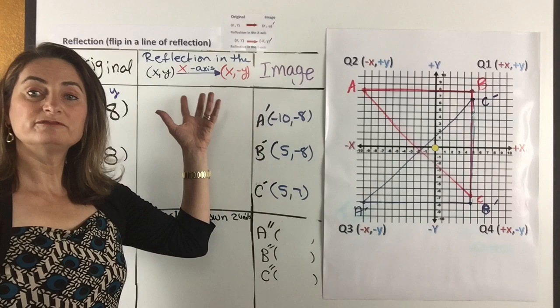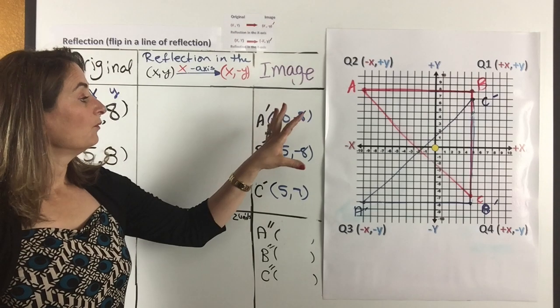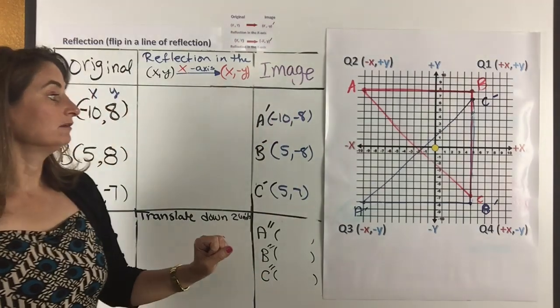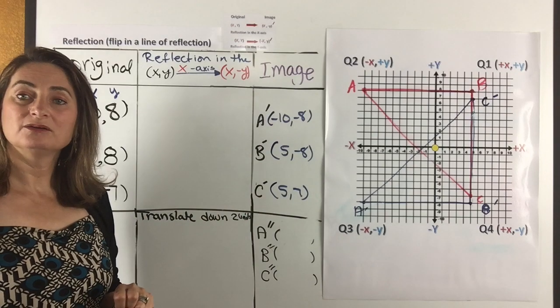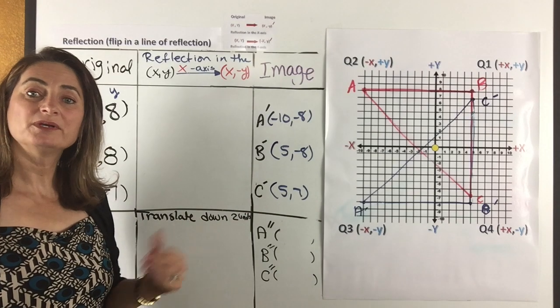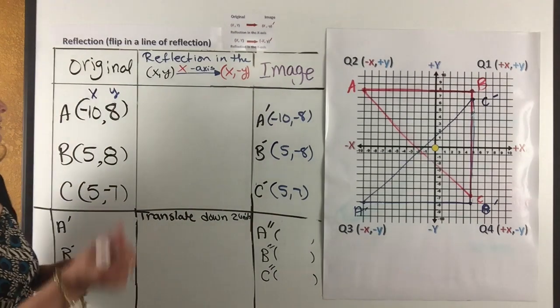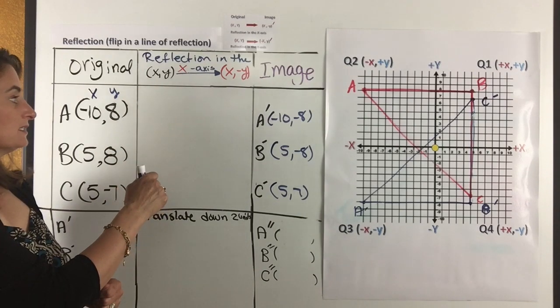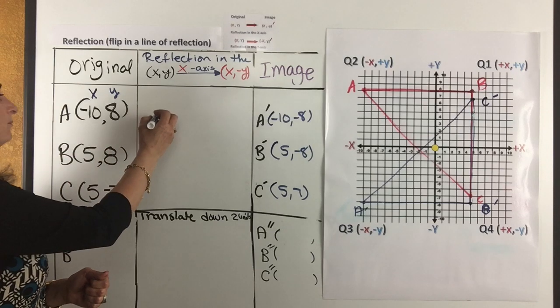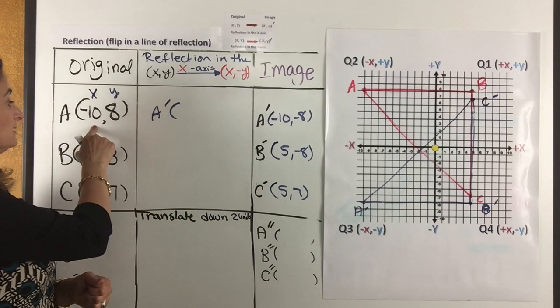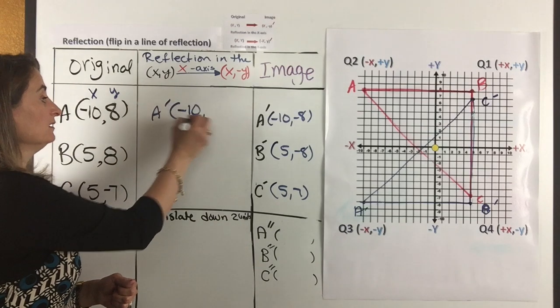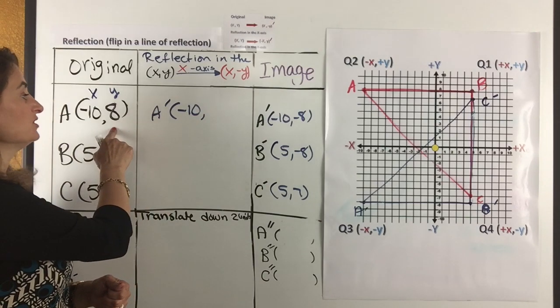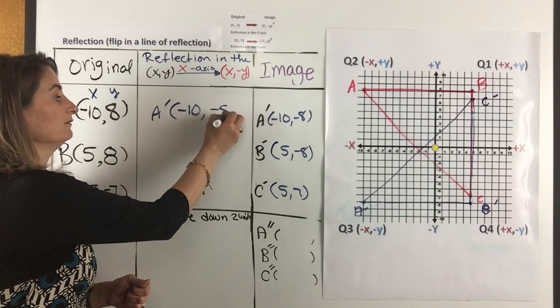Now if I wanted to follow the rules without drawing the triangle and without writing the coordinates of the image, how can I apply the rule? Since the reflection in the x-axis, X stays the same and the Y changes its sign, then A prime, X stays the same, which is negative 10, and the Y changes its sign from 8 to negative 8.